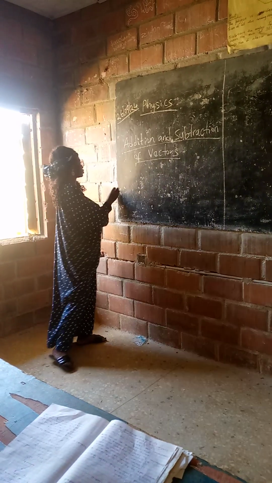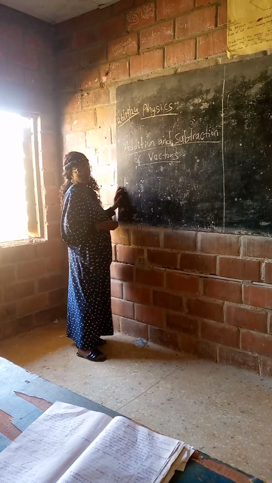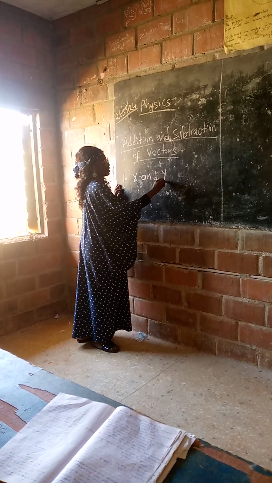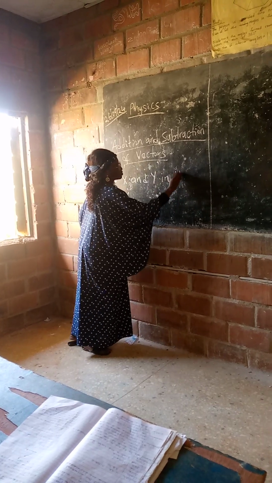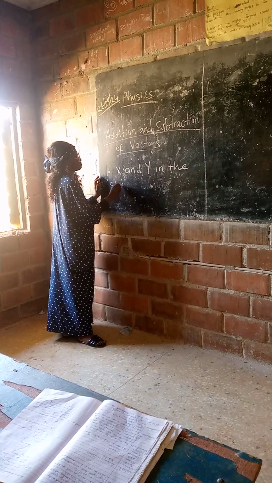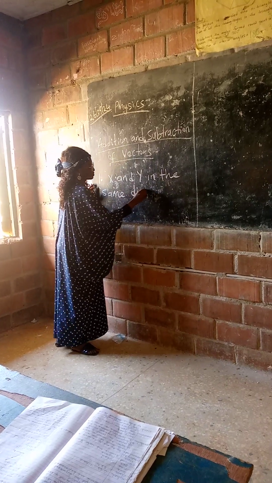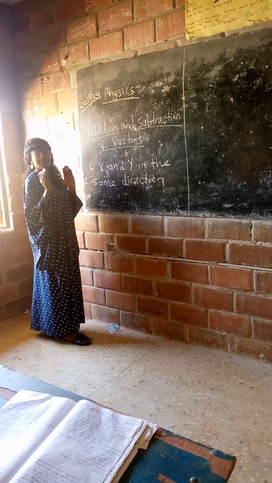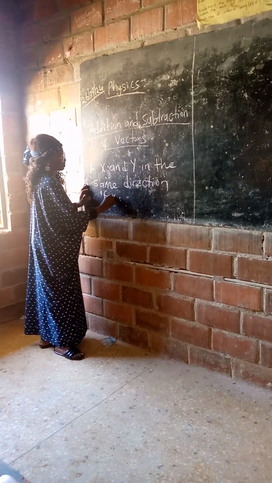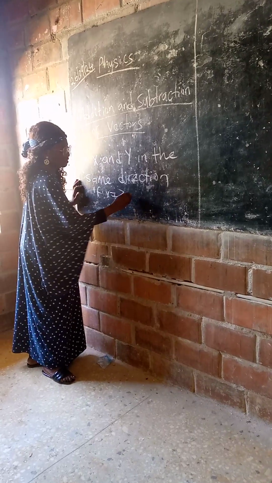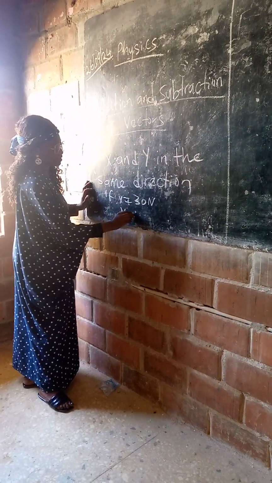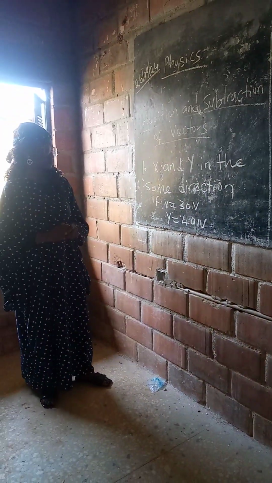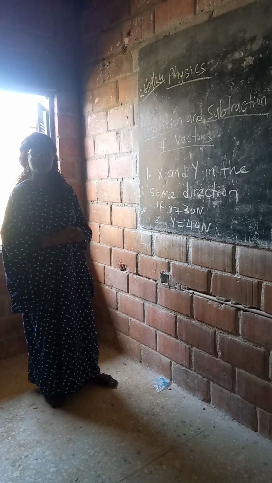So rule number 1 you should know. If you have 2 vectors, let's say x and y, moving in the same direction, if x is equal to 30 Newton, and y is equal to 40 Newton, the resultant of this vector is going to be the algebraic sum.